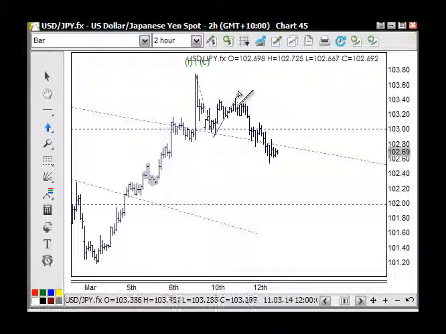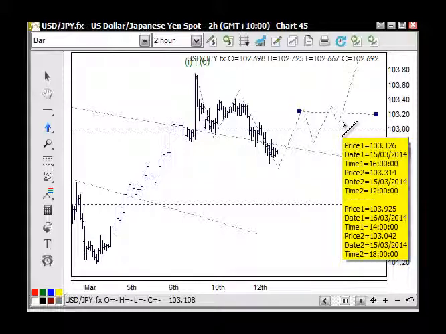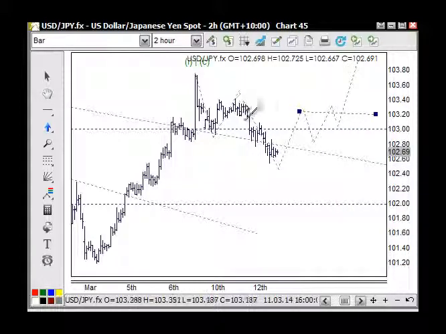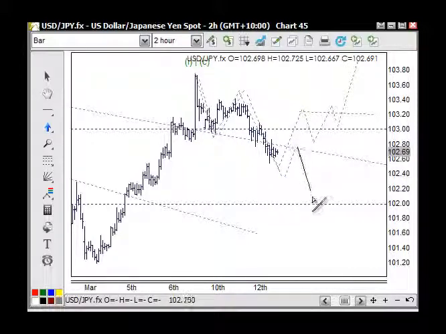It's an A and a B and a C here. So it can move back up, and if it does find support on top of here, then we know what's occurring here. But if this turns into a 5-wave structure from this point here, then we know that we'll get an A and a B and a C, and then we'll be looking to short from this area through here.